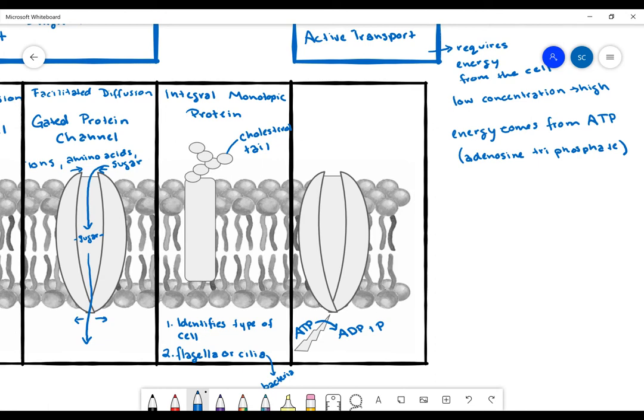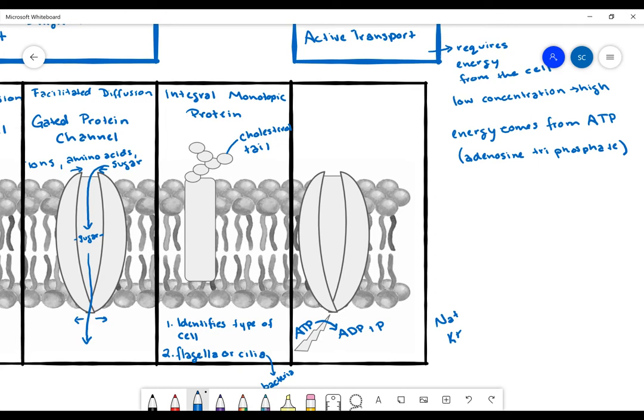Okay, and so what you're going to see with this one, traditionally you're going to see sodium and potassium talked about here. So generally, you're going to be seeing sodium and potassium moving through this in the sodium-potassium pump, which is a very significant one that you're going to be looking at in your textbook, actually.